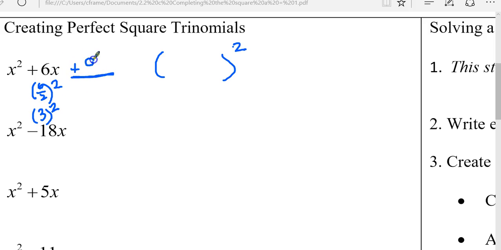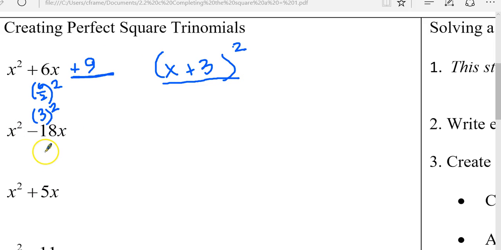So we add 9 to this binomial to create a perfect square trinomial, and then we factor it. Since the first and last numbers are perfect squares, we can factor it to x plus 3 quantity squared. So we created a perfect square trinomial that we could factor.